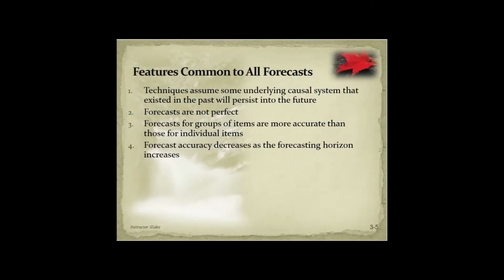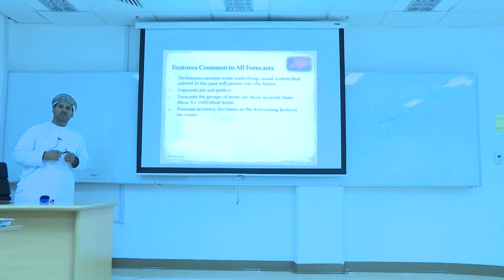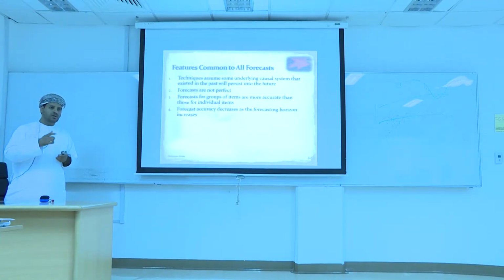Forecasts for groups of items are more accurate than forecasts for individual items. That is another fact about forecasts. For instance, if I want to make a forecast about your grades for the upcoming midterm, most likely it will be easier for me to forecast your average grade.